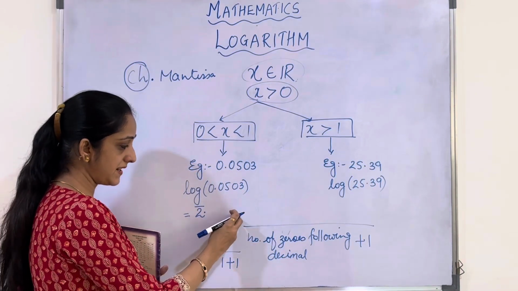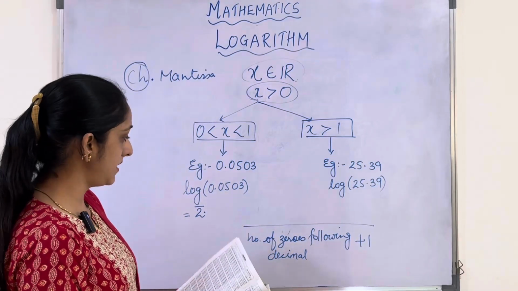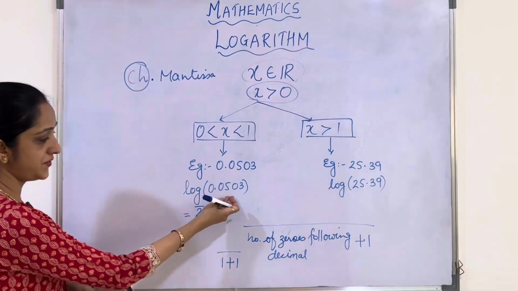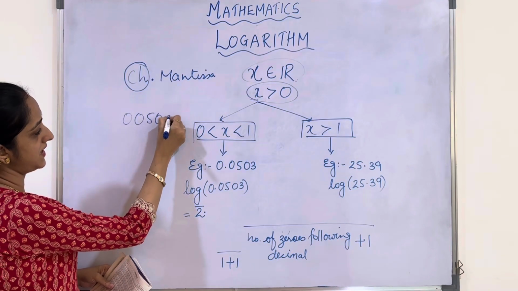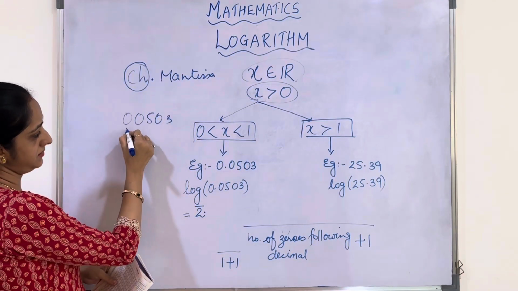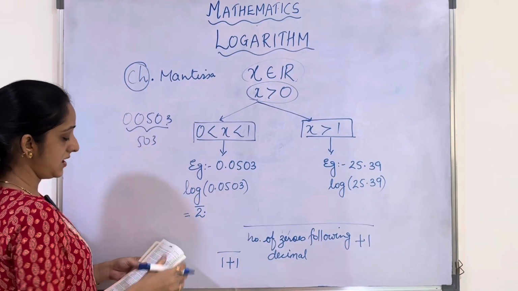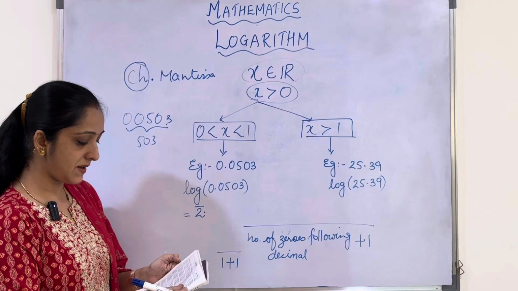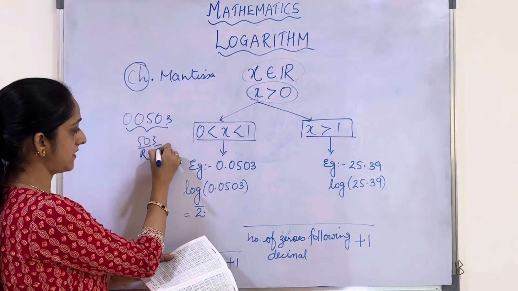Now in order to find the mantissa part, we make use of the log table. In the log table, first of all, we consider this number without decimal, which will be 00503, which is equivalent to 503. Now in the log table, we will see the 50th row and third column.